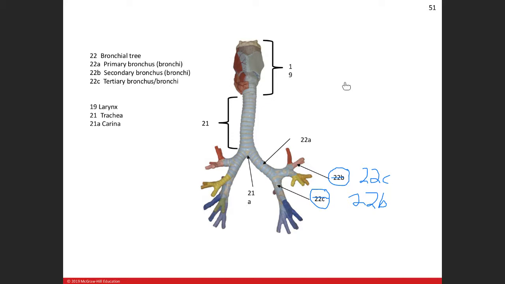So for these, would it be like right and left? For the primary bronchi, yes. But for the secondary bronchi, there's tons, because there are different lobes. Would we say vertical primary bronchus, or right vertical? You don't even have to say the vertical. You can just say right primary bronchus, left primary bronchus. Correct.